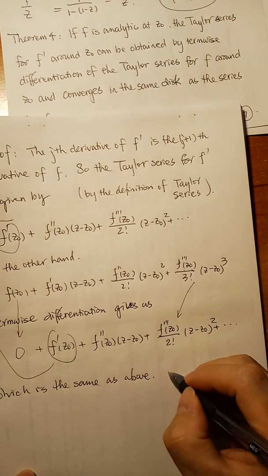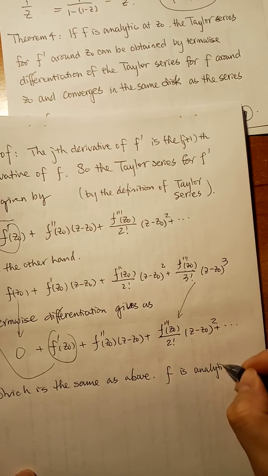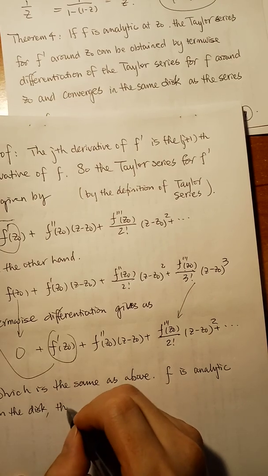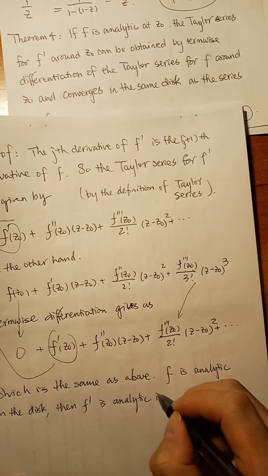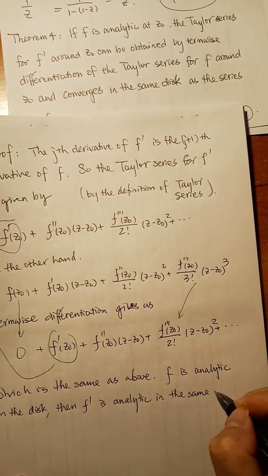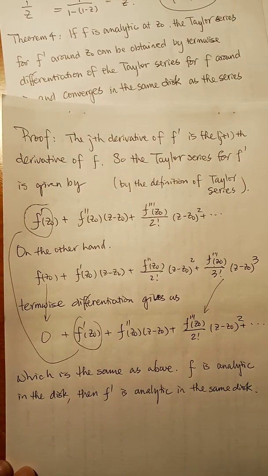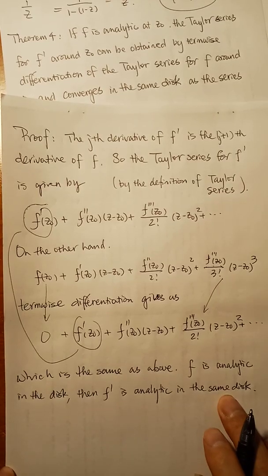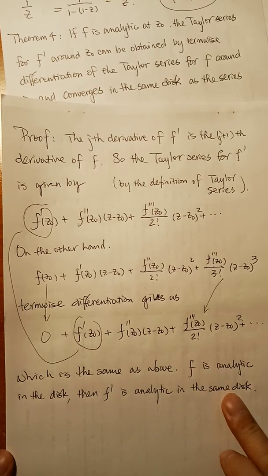And f is analytic in the disk. Then f prime is analytic in the same disk. We know that function f is infinitely differentiable, and all the derivatives are analytic. So they have the same analyticity over the same disk.